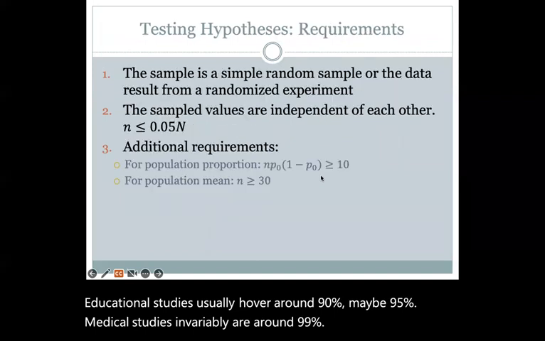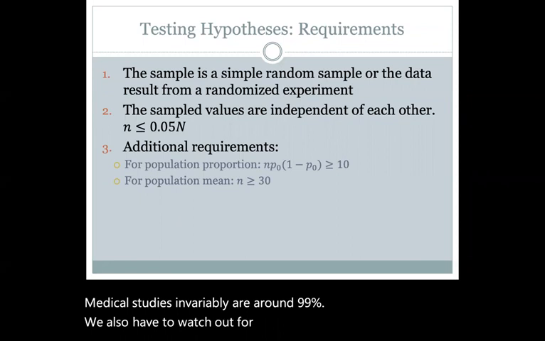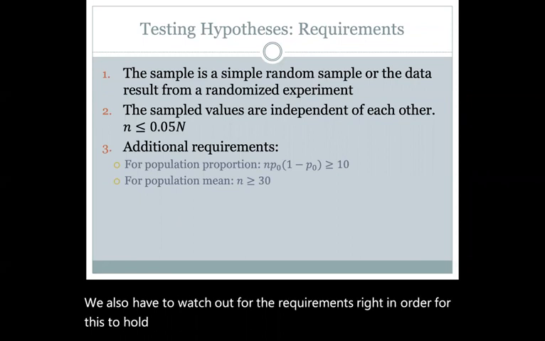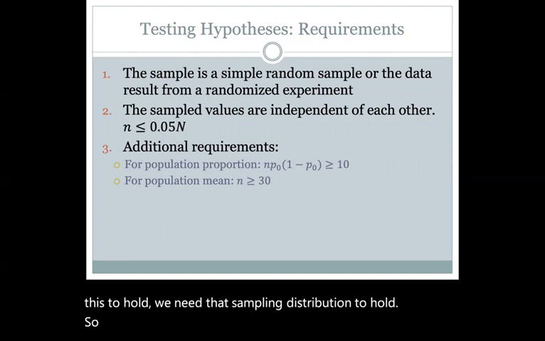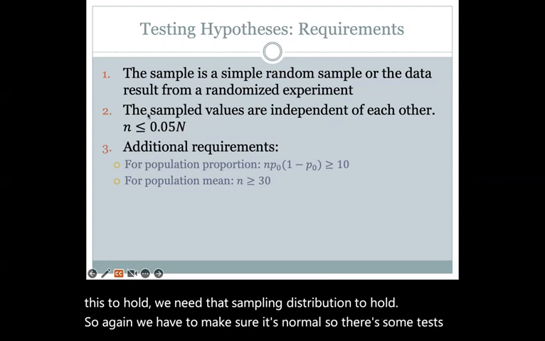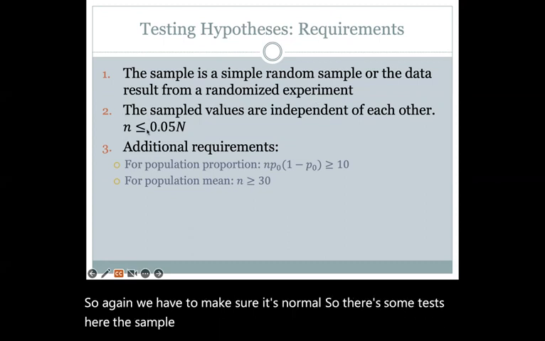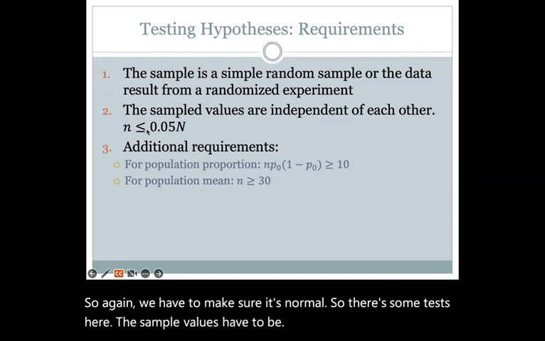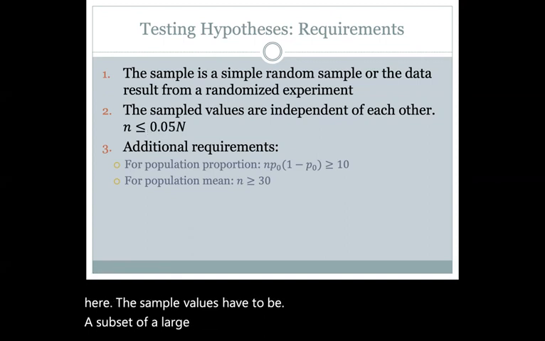Now, we also have to watch out for the requirements, right? In order for this to hold, we need that sampling distribution to hold. So again, we have to make sure it's normal. So there's some tests here. The sample values have to be a subset of a large enough population.